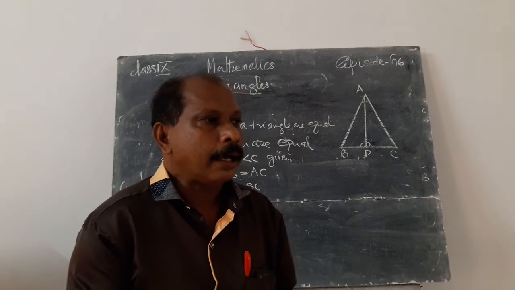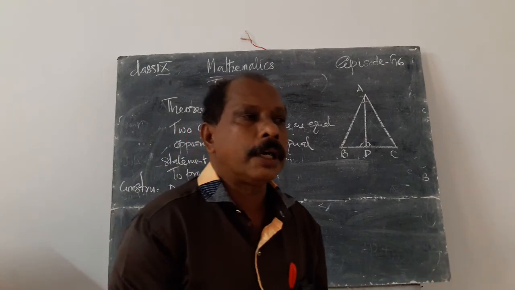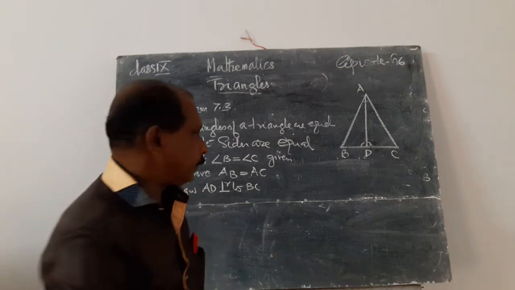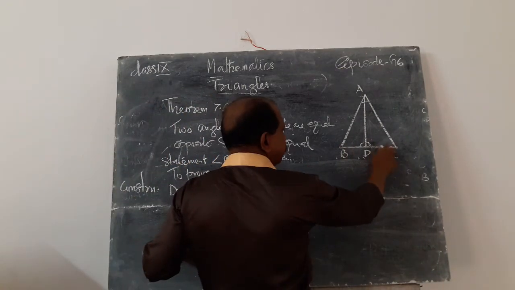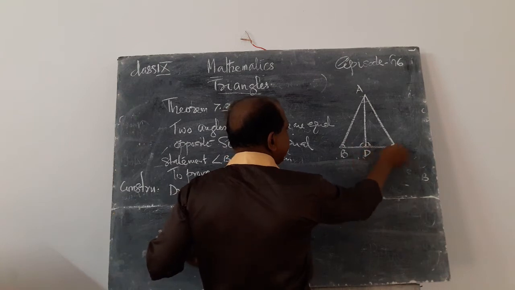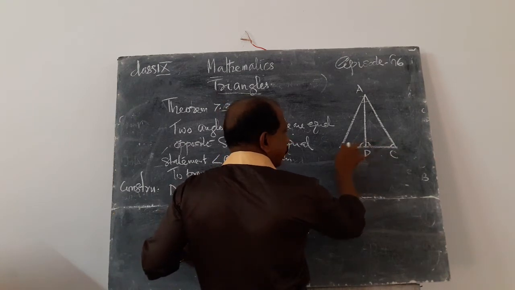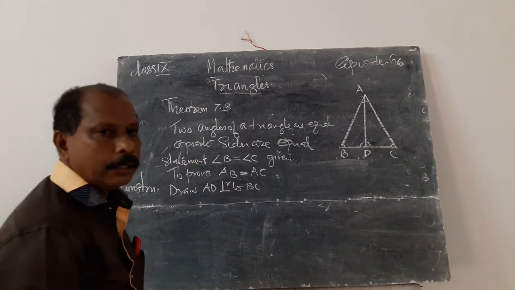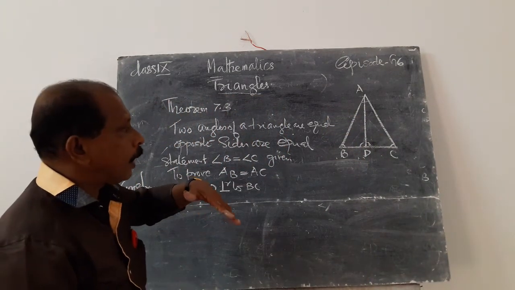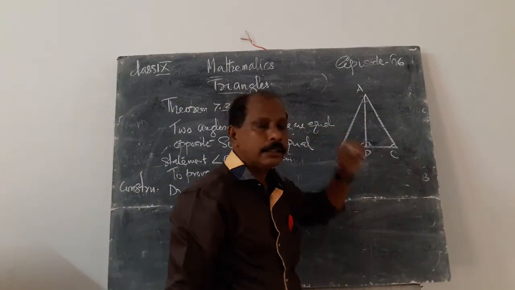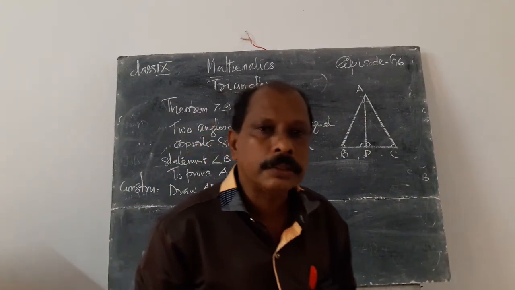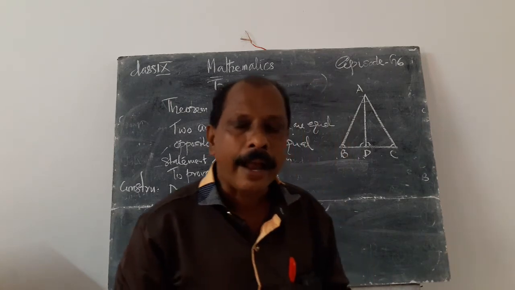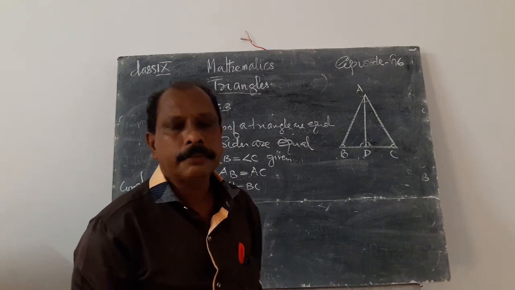Therefore, by the angle side angle property, we can prove that. Otherwise, angle B is equal to angle C, angle BDA is equal to angle CDA, and on the side opposite to that, AD is equal to AD. Therefore, it is the angle side method. We can prove the result.